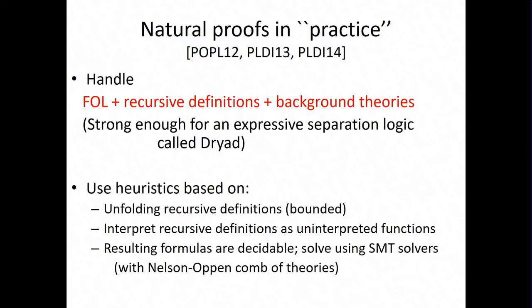Okay, so we've been working on natural proofs for some time, and this is not an industry practice. It's basically trying to make this work on a set of benchmarks. So what we have settled on is first-order logic with recursive definitions and background theories. And we have found that this is good enough to express properties about heaps.